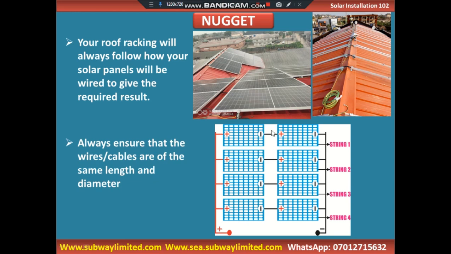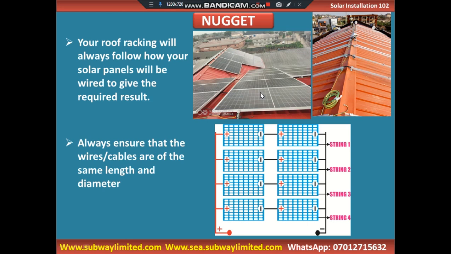If you can take a look at our own connection here, we ensure that these wires are of the same length and the output wire here is of the same length. So always ensure that the wires are of the same length, and when you are planning your installation, understand how many planes do I have.